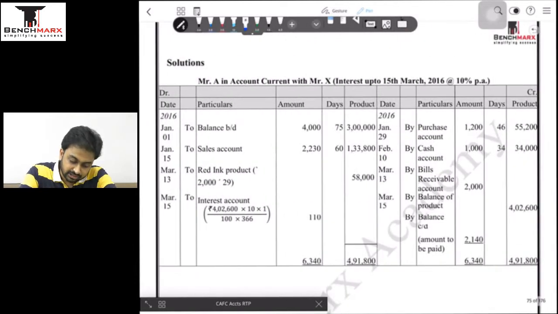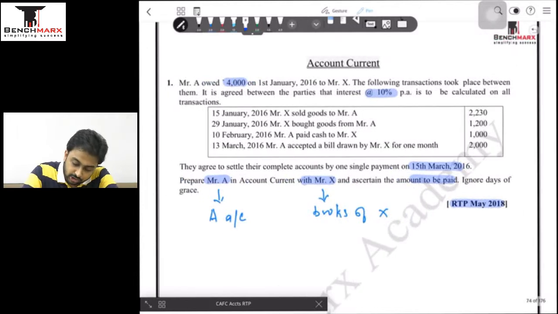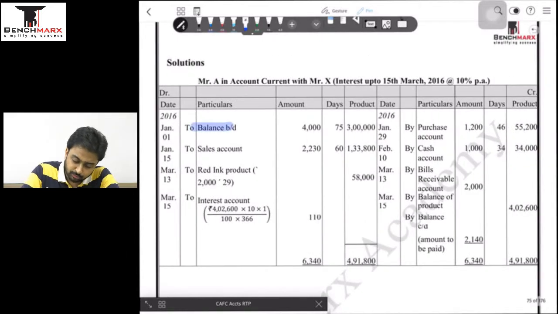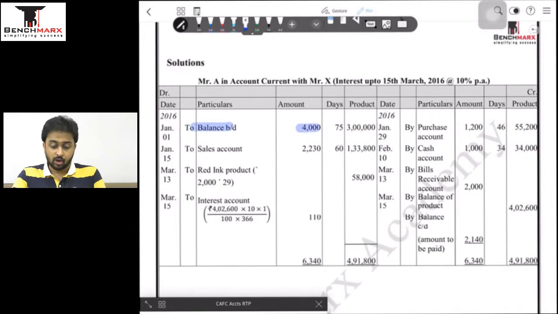We will start from the opening balance as usual. So we have the opening balance on the 1st of Jan. So on 1st of Jan we'll have To Balance Brought Down, amount is 4,000. Now in the case of account current, the date of the opening balance is also to be considered in the number of days.